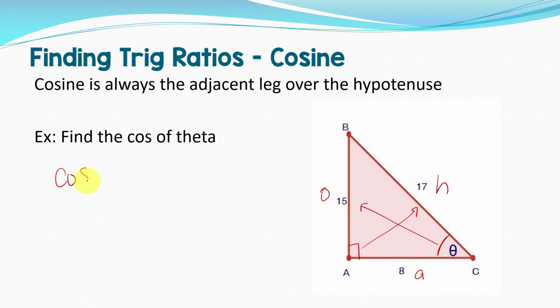So the cosine of this angle theta, using SOH CAH TOA, is adjacent over hypotenuse, so that is 8 over 17.